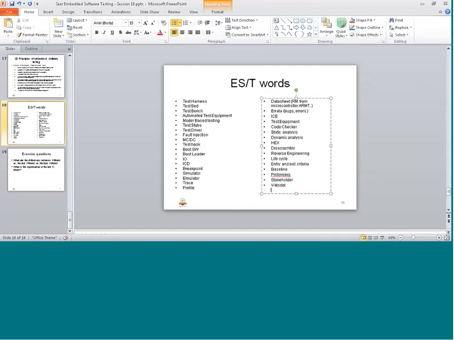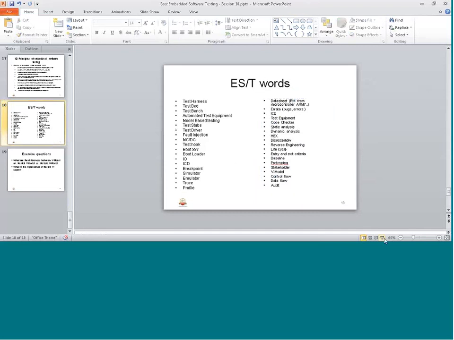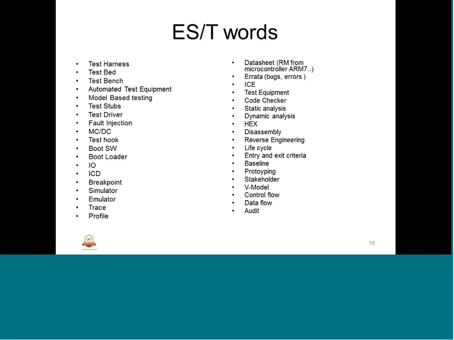We model a couple of words I would like to add: control flow, data flow. Then audit. So if anything is needed, we can add it.